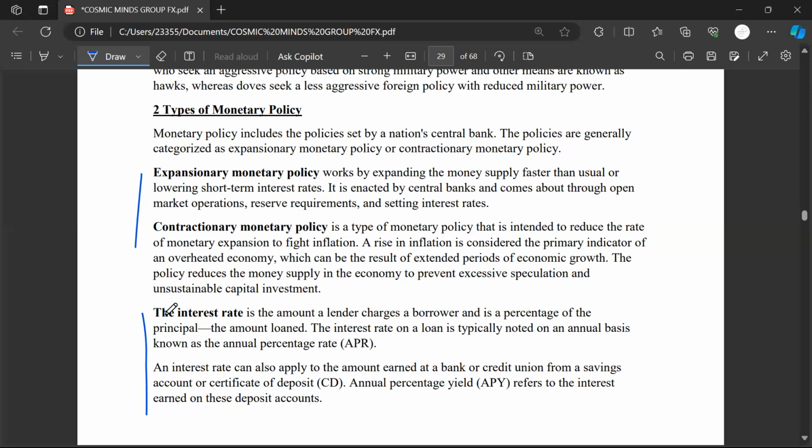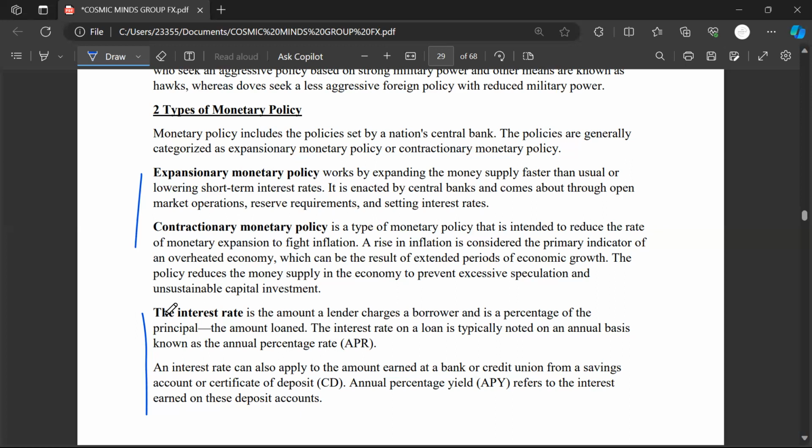So at the end of the period, you calculate all these percentages and add them to the principal, the loan money that you collected from that institution. In total, you are going to pay that money in addition to the percentage.